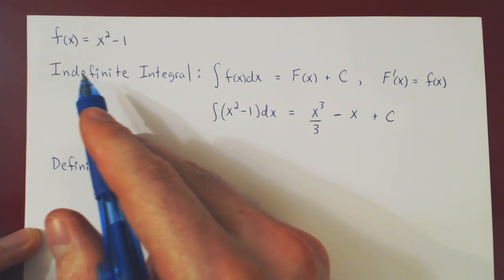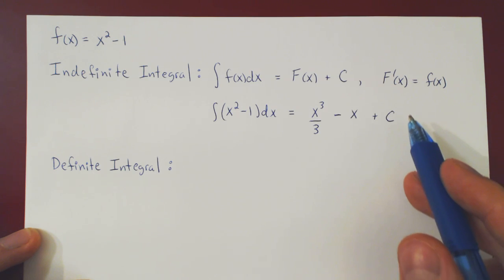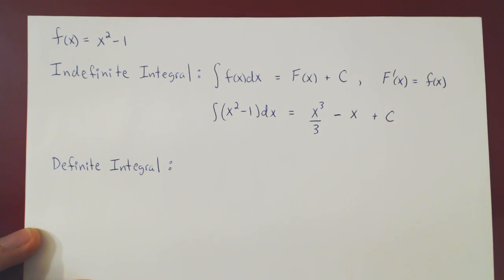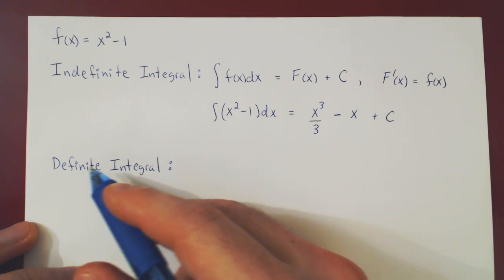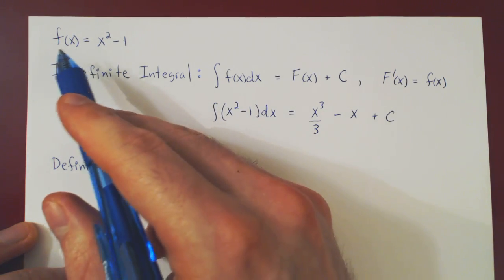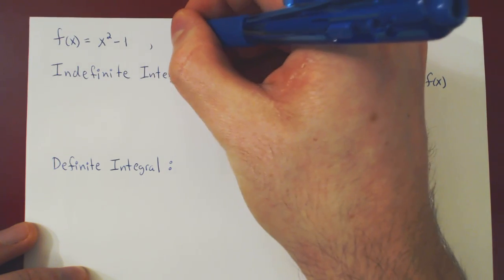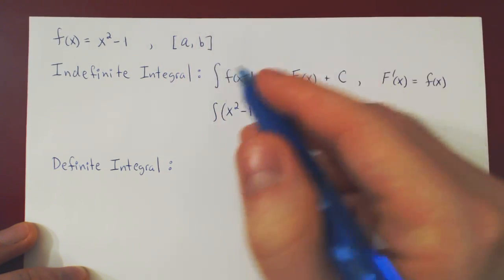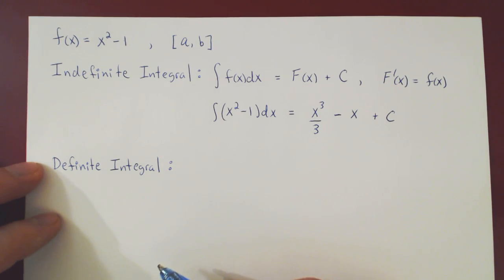Well, if indefinite means that there are multiple answers because of the arbitrary constant, definite here means that we will have a single answer, and it will actually be a real number. But for a definite integral, we have to also specify a range of x values. So imagine you have an interval of x values ranging from a to b. So a and b are fixed real numbers.